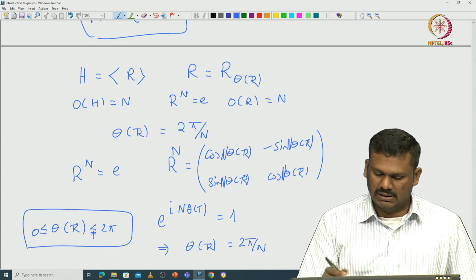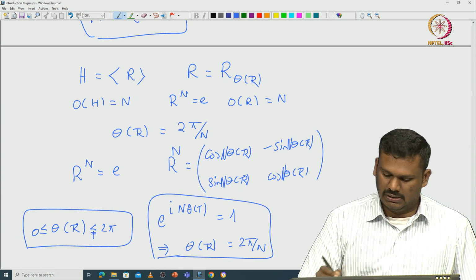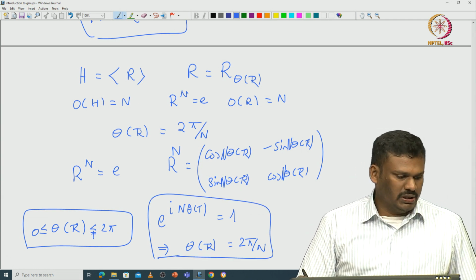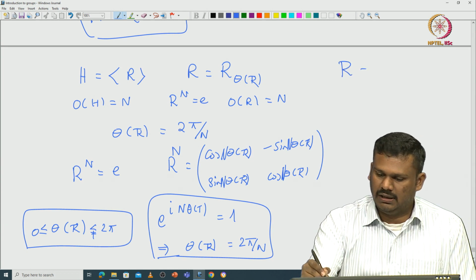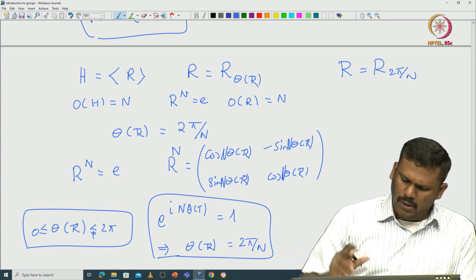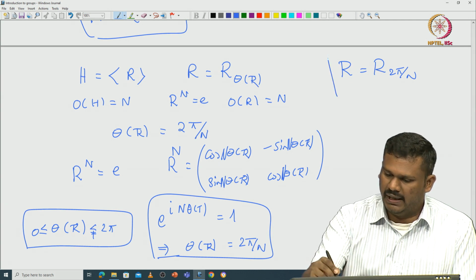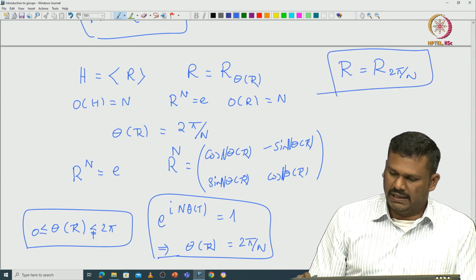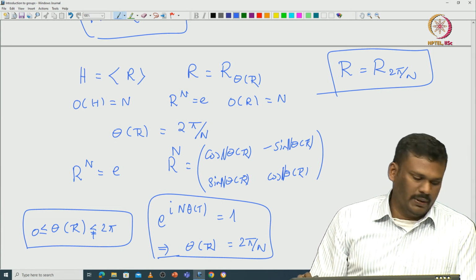Okay, this is just some simple fact from complex analysis. I guess you can do this. So this proves that what is your r? r is nothing but the rotation by 2 pi by n. So this is your rotation about the origin, and H is very explicitly given by this particular cyclic subgroup generated by this rotation by 2 pi by n.